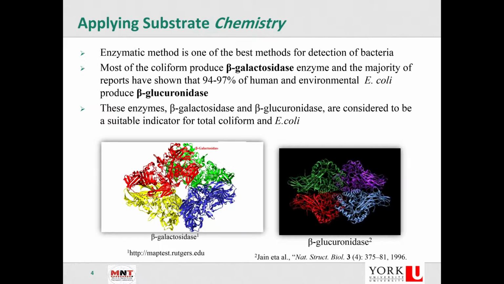So the E. coli, the coliform, produce two distinct kinds of enzyme, which are beta-galactosidase and beta-glucuronidase. Okay, so these are the indicator organisms that can help us detect E. coli if it is present in water.